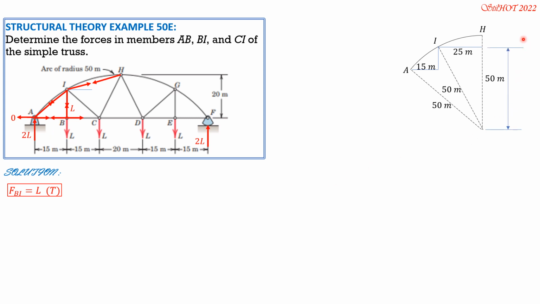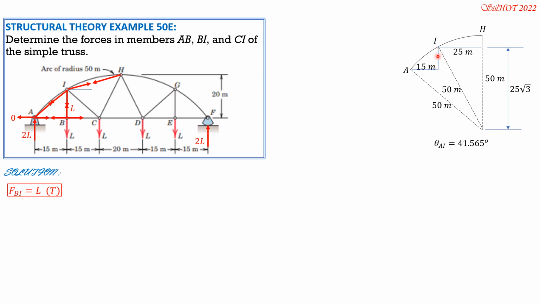So this distance is, we have a right triangle here, the square root of 50 squared minus 25 squared, and that is 25 square root of 3. So this is 40 meters horizontal. Theta AI therefore is 41.565 degrees. How is 41.565 degrees obtained?